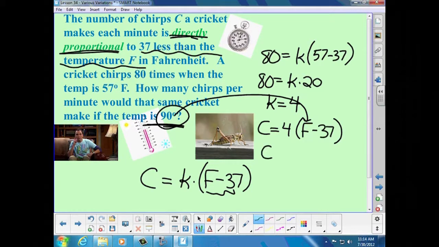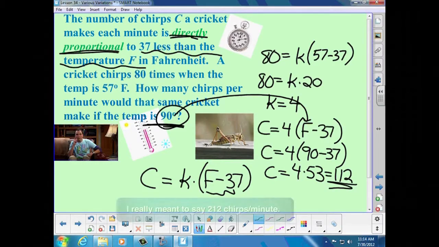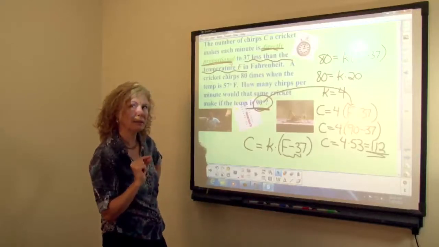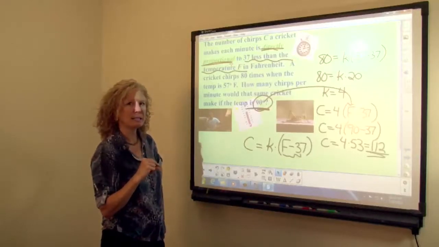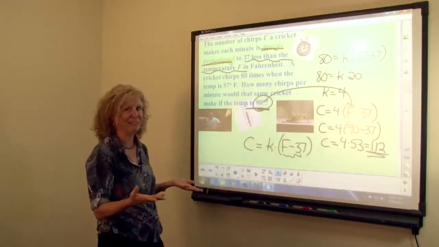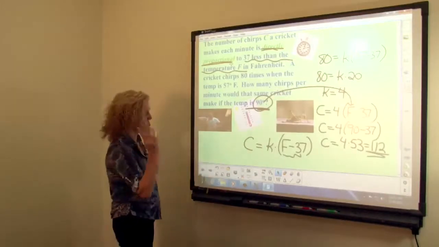Okay, so we would have C is equal to 4 times 90 minus 37. Well, that's what, 4 times 53, I think. And if I did my arithmetic correctly, that'd be 112 chirps per minute with that particular cricket at 90 degrees. I don't know about him, but I slowed down, not sped up. Oh well, it's a cricket.